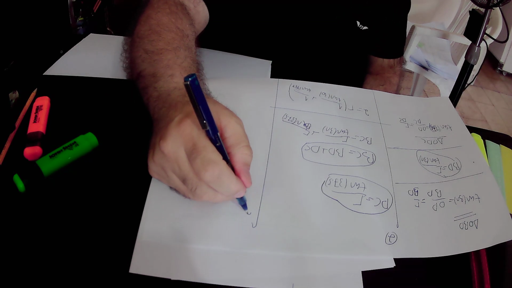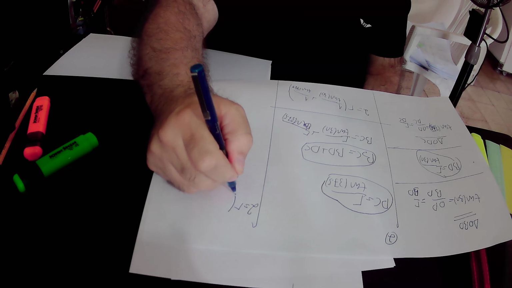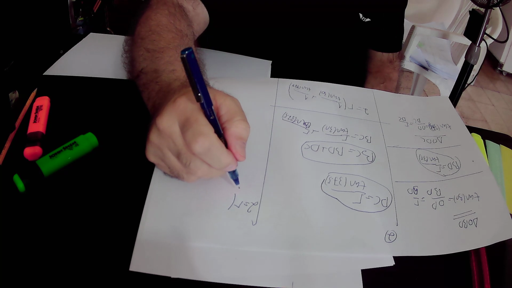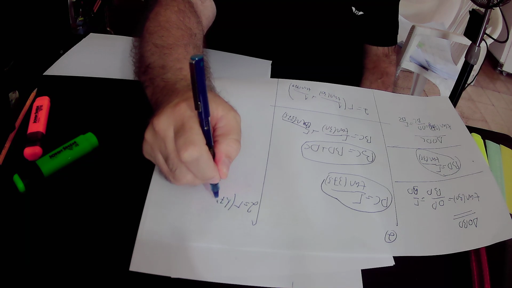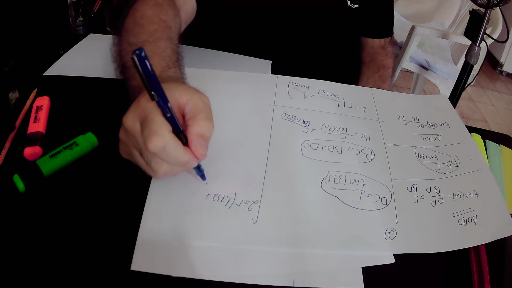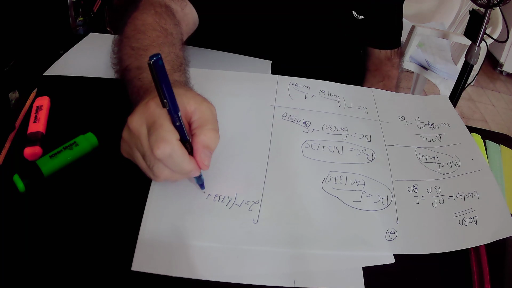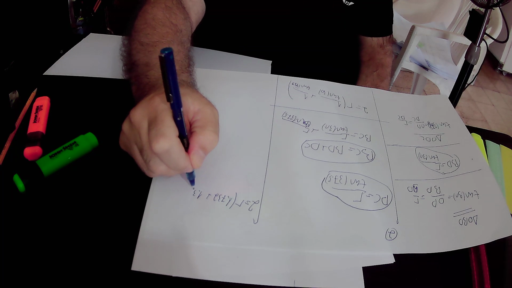So we get that 2 equals R, 1 over tangent 30 degrees is 1.372 plus 1 over tangent 37.5 degrees is 1.303.